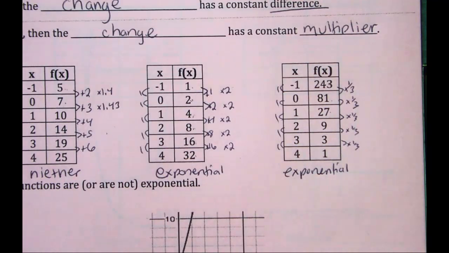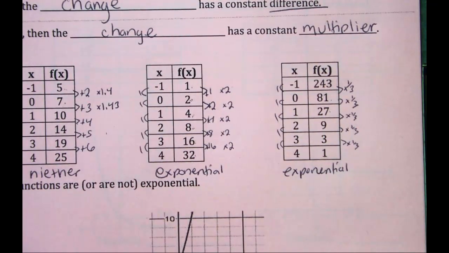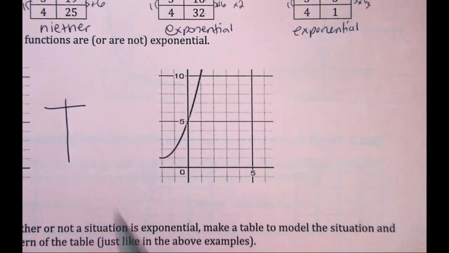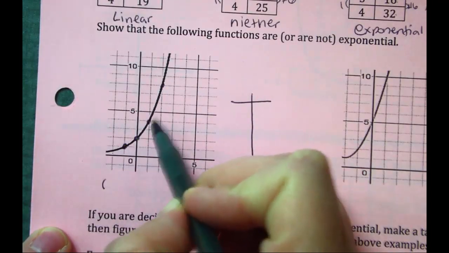To find out if these are exponential, we're just going to identify points. So it looks like this is a point, this is a point, this is a point, this is a point. If I make my table here, oh sorry, you can't see. So I have all these points that I've marked that are right at the integer values.